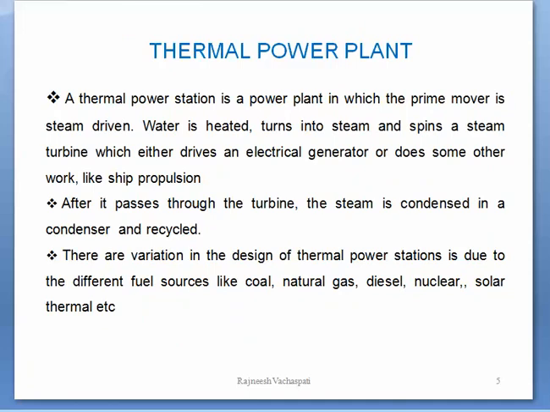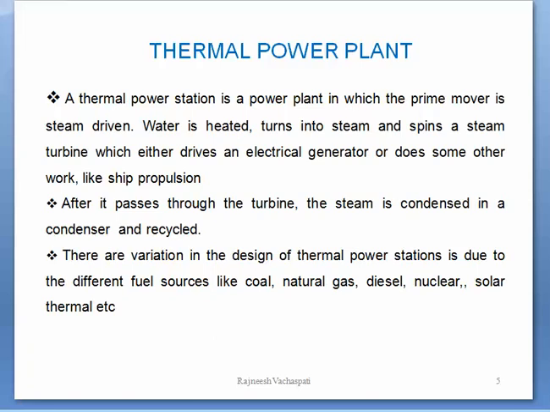All power generation units, whether it is a thermal or hydro or wind or gas based power plant, have a prime mover, which is known as a turbine. In a thermal power station, the prime mover is steam driven, water is heated, turns into steam, and it spins a steam turbine, which either drives an electrical generator or does some other work like ship propulsion.